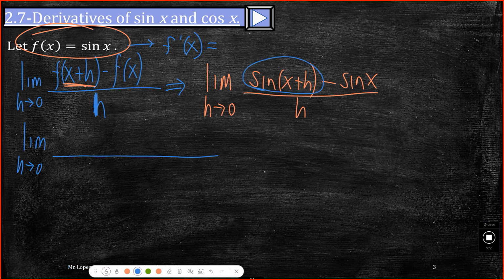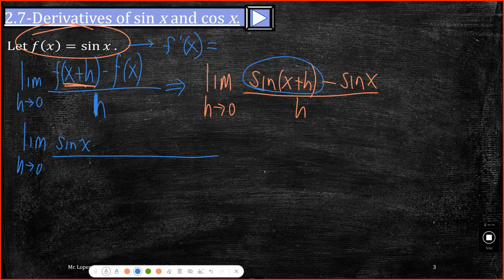You have it written on your paper. Sine, wouldn't that be alpha and that's beta? Yes or no? Yes? Okay, thank you. One person. So alpha is x, h is beta. So it's going to be sine x.